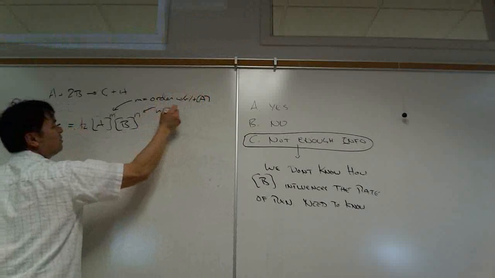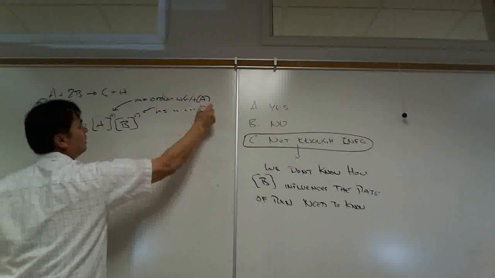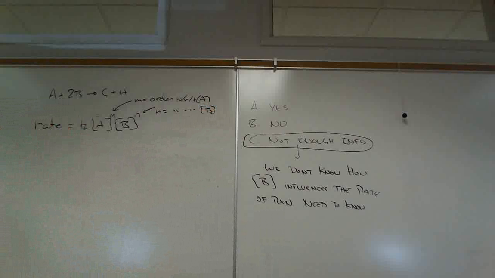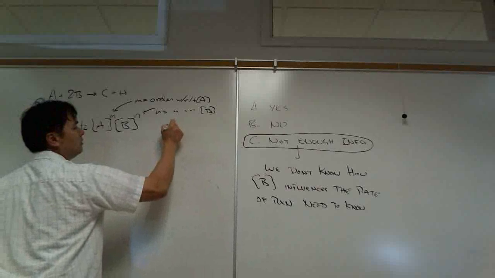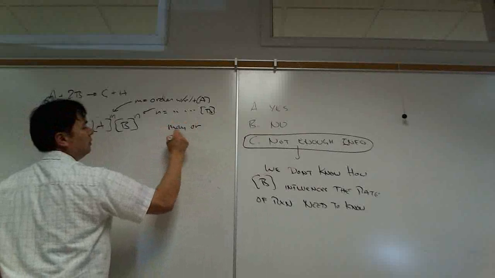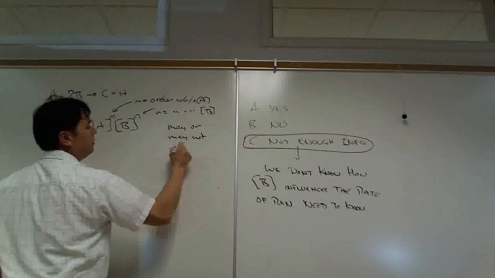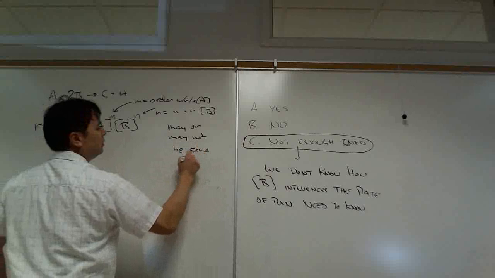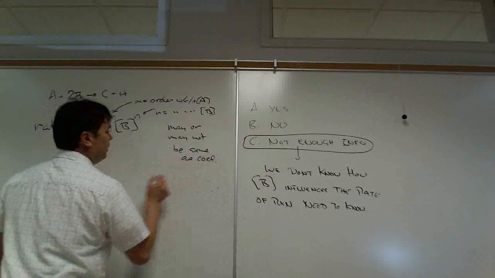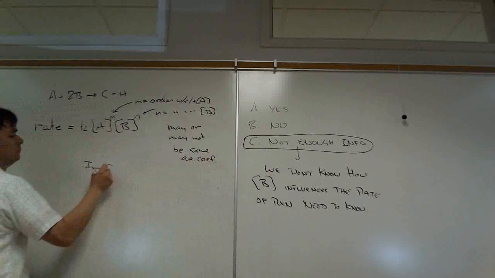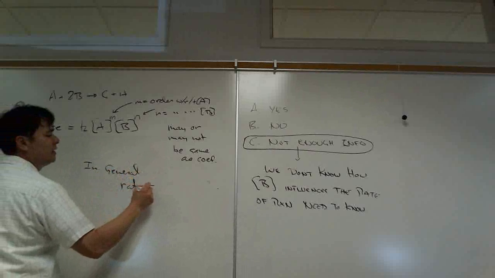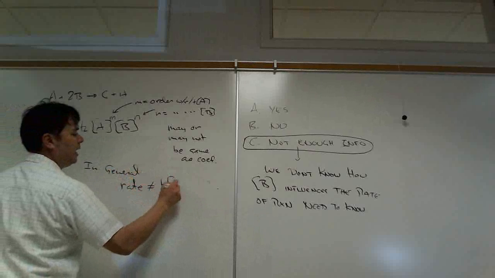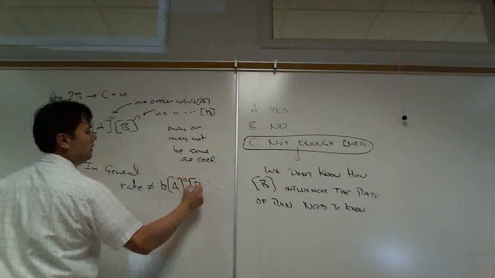n is the order with respect to B. If we had more reactants, we'd have more orders. These may or may not be the same as the coefficients. In general, the rate is not necessarily equal to k, A to the little a, B to the little b.